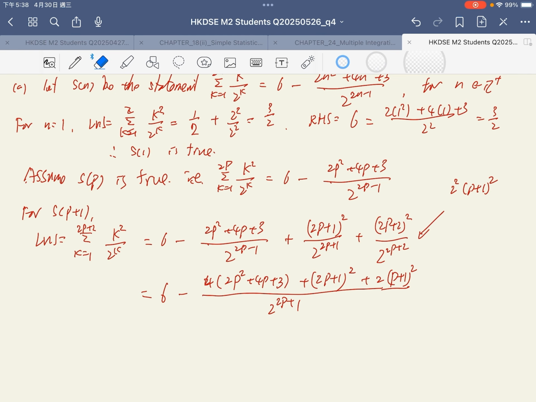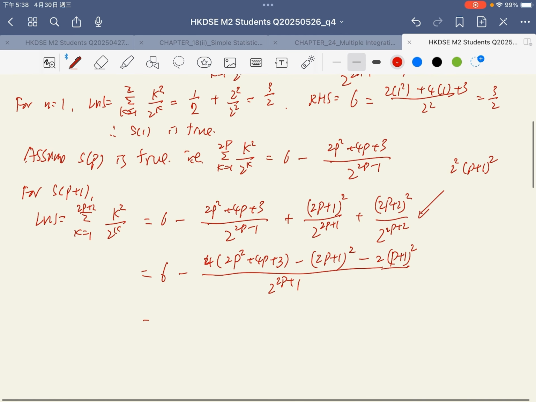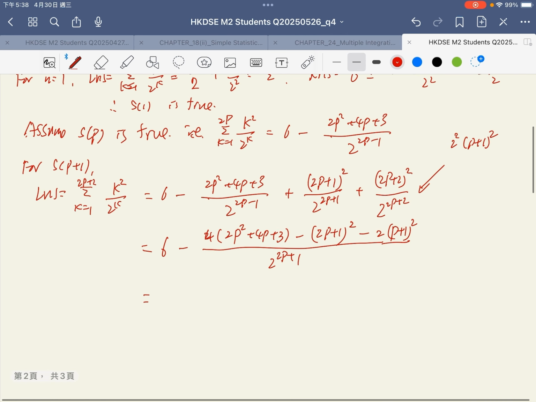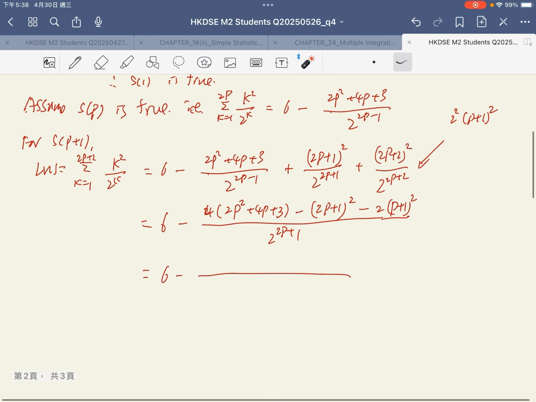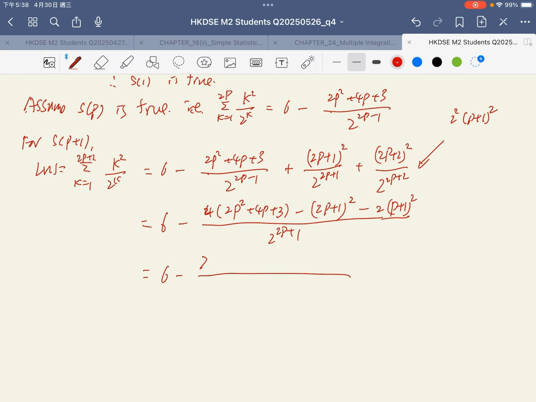But because I factorized the negative sign outside, this term is negative. I calculate this one directly. I can finally get 8p squared plus 16p plus 12. The second one is 4p squared minus 4p minus 1.